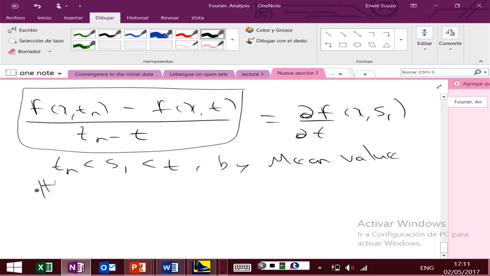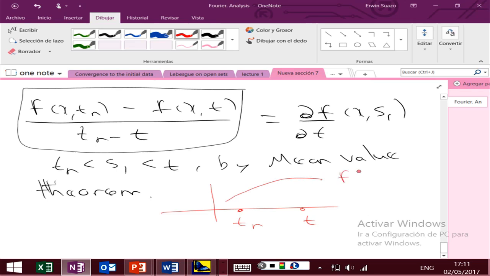So I'm going to explain it just like I explained to my calculus students. Forget about x. X is fixed, you see. So this is just a function where t sub n and t are changing. Suppose this is t sub n and this is t, and your function is something like this. This is f, and usually you put the point t.